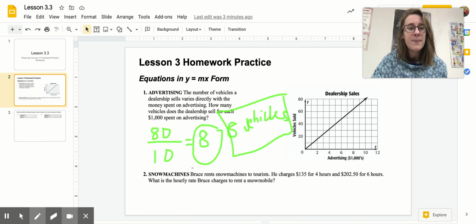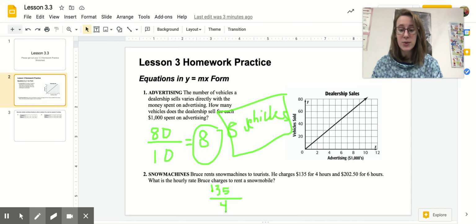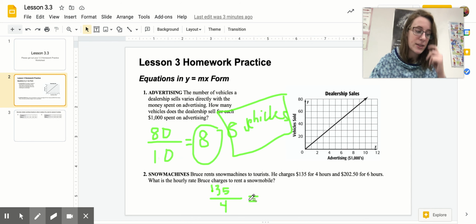So if the hourly rate is $135 for 4 hours, we're comparing $135 to 4 hours. So I'm going to pull out my calculator and divide 135 by 4.